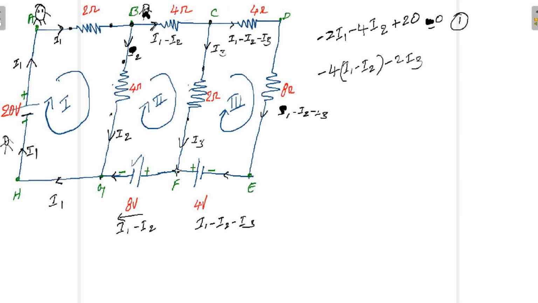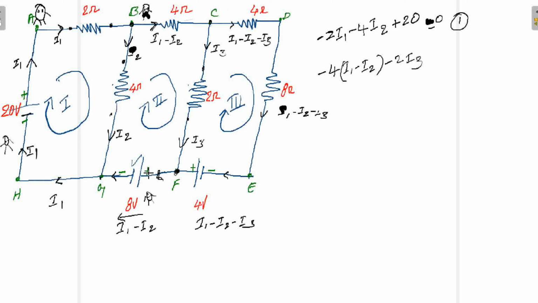Now you have reached this point F and started your journey. The current is I1 minus I2. You are traveling in this direction, and the current is also moving in the same direction. But the current came across one battery.